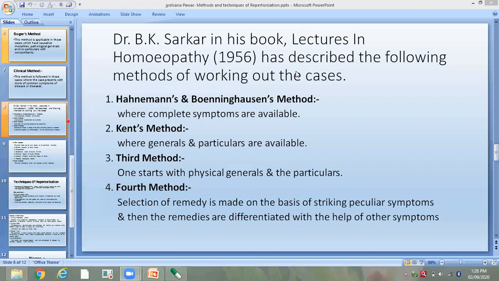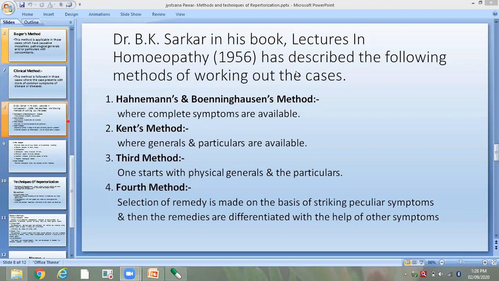Okay, so when we get such a striking peculiar characteristic symptom, and according to that we select the remedy with the help of that characteristic symptom, then by using that striking peculiar singular symptom, we select the remedy and group of remedies, and they are differentiated with the help of other symptoms, with the help of physical generals or mental generals, whatever we get in that case.